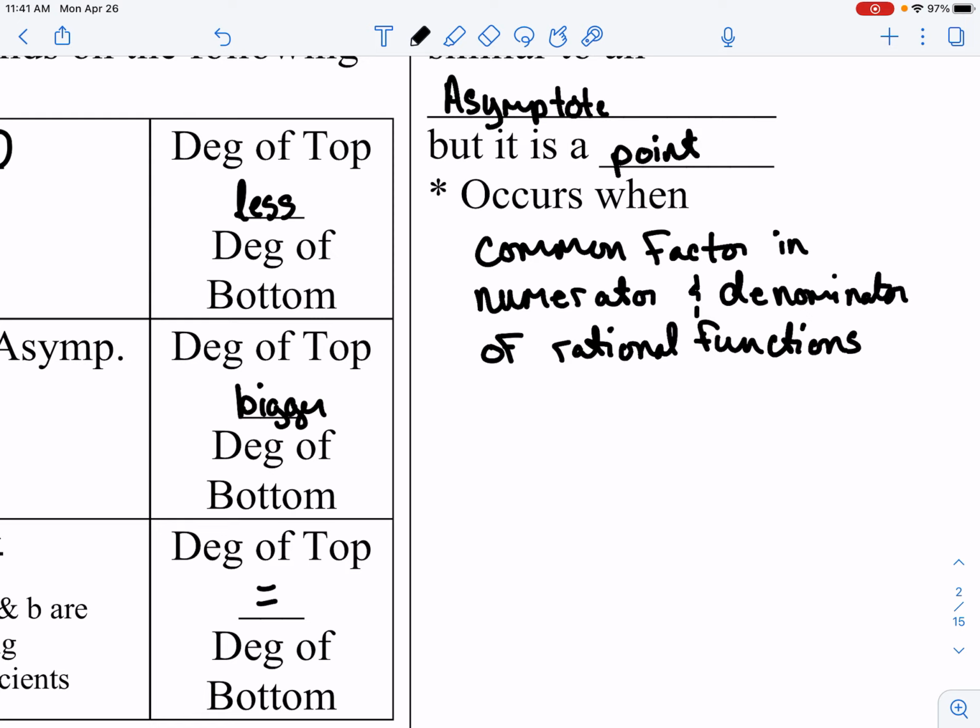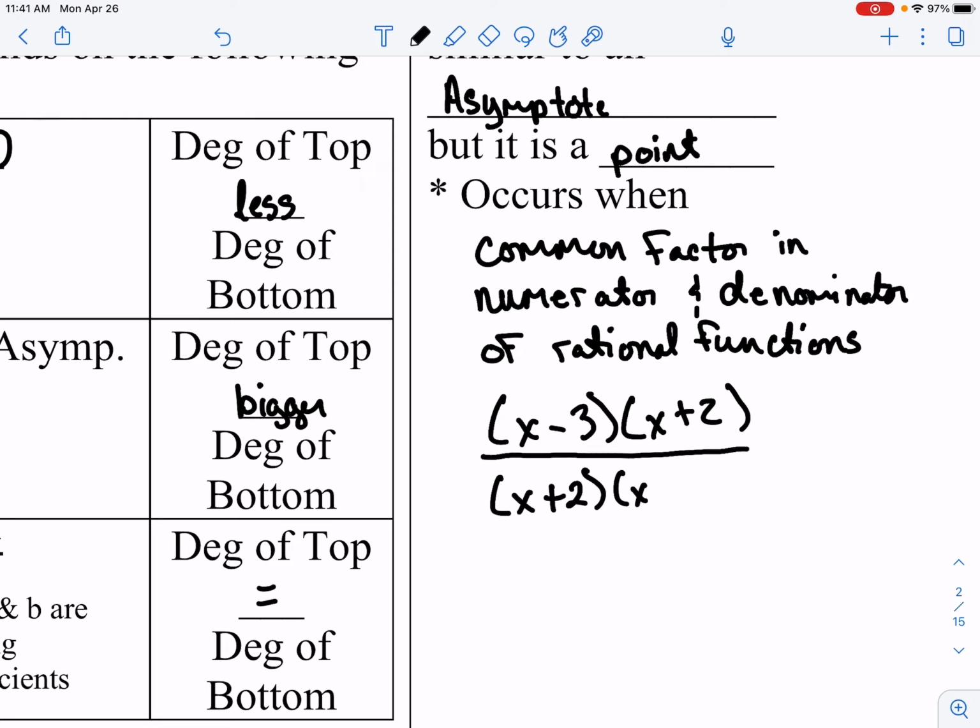So, for example, if I have x minus 3, x plus 2, all over x plus 2, and then x plus 5.